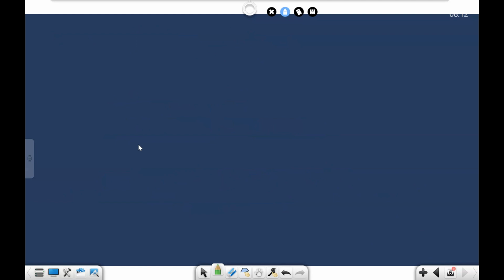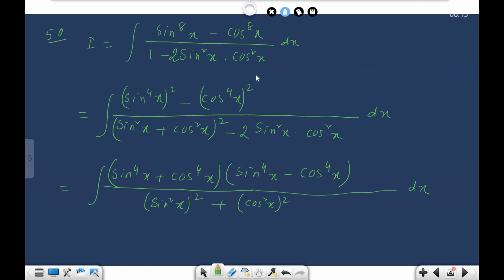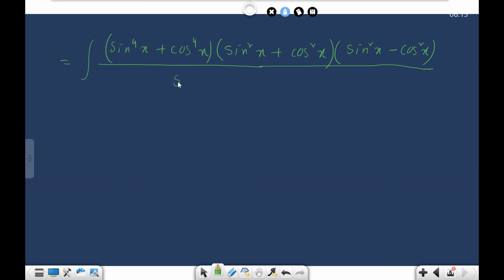So this is equal to, in the numerator, the first one is sine power 4x plus cos power 4x, already there, and the second part, by the same concept, you can write sine square x plus cos square x into sine square x minus cos square x only, and the denominator is, you see, this is sine power 4x plus cos power 4x, and dx is here.